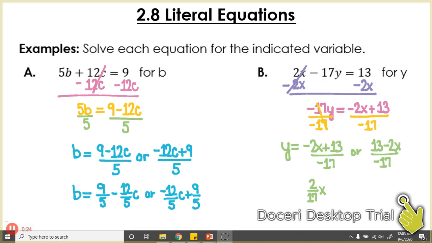And then a positive 13 over a negative 17 would be a negative, and that would be minus 13/17. Or if you wrote it the other way, you would have negative 13/17 plus 2/17 x. So you can write that any of those 4 ways and it's technically correct.